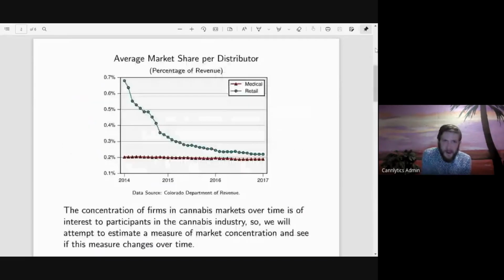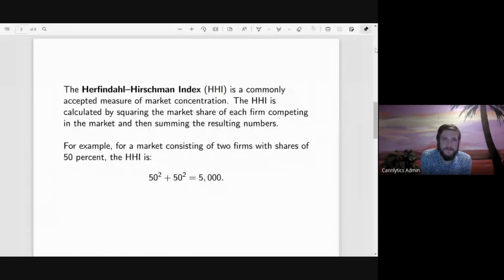And how will we do that? Well, the Herfindahl-Hirschman index is a measure of market concentration. This is widely accepted. It's used in legal cases, and it's a go-to tool for economists. The Herfindahl-Hirschman index is a simple calculation.